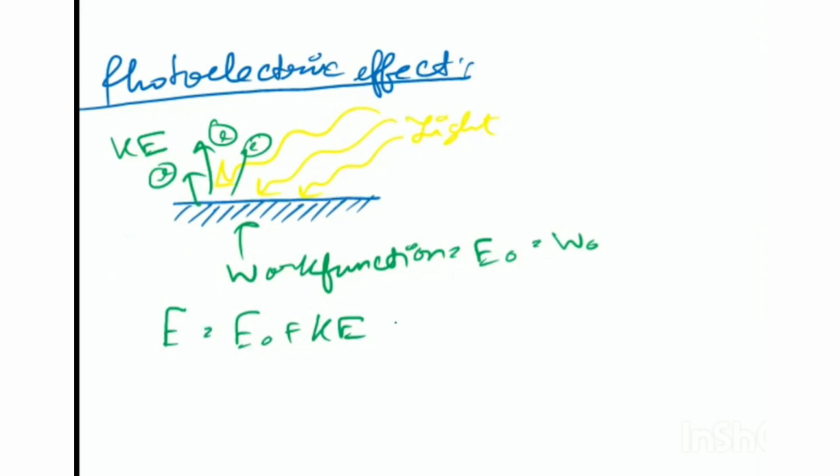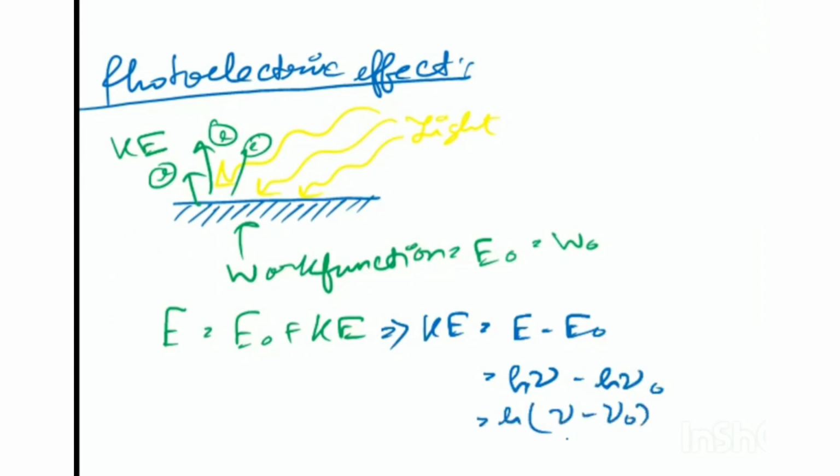Now we can write it like this: K equal to E minus E naught, or from Planck's quantum theory, which we have now learned, it can be written like this. So it has a form like this with respect to frequency. If you want to write it with respect to wavelength, then it will come as hc into 1 by lambda minus 1 by lambda naught.